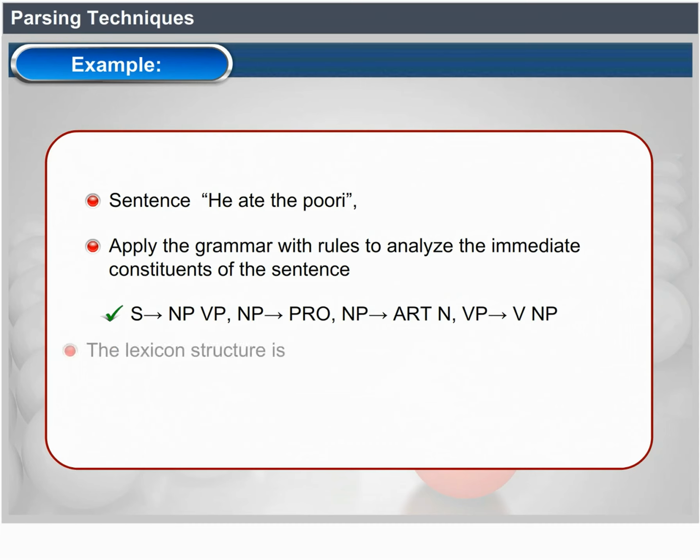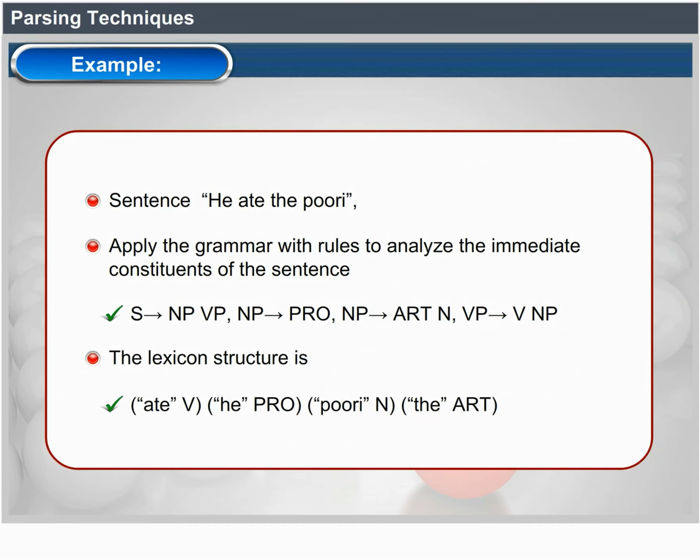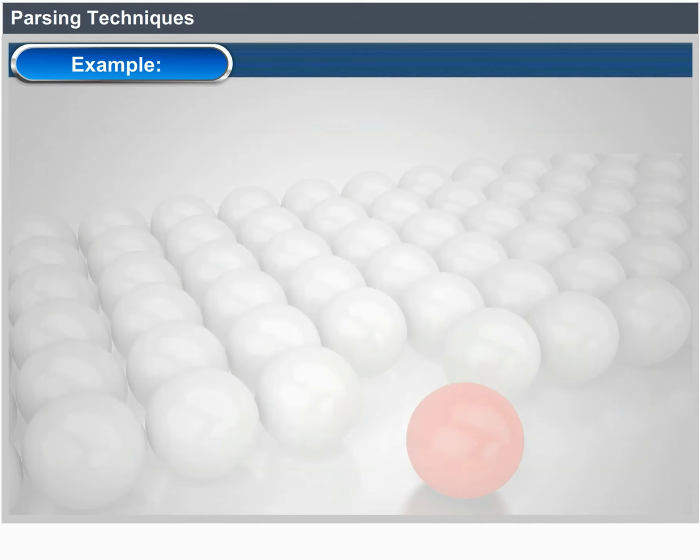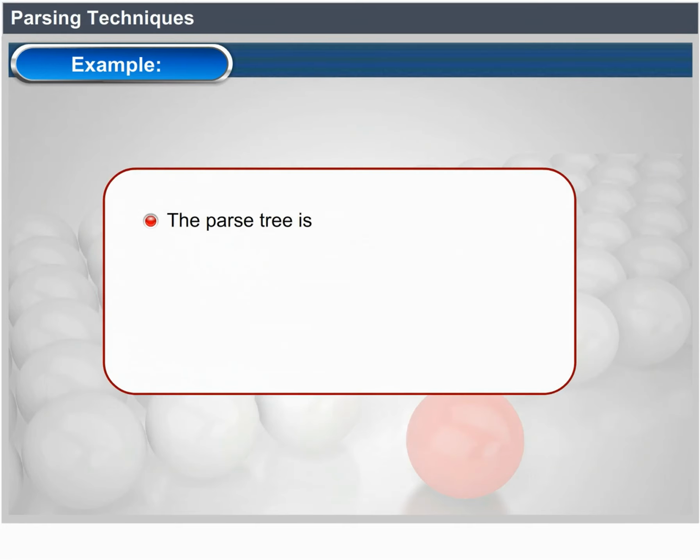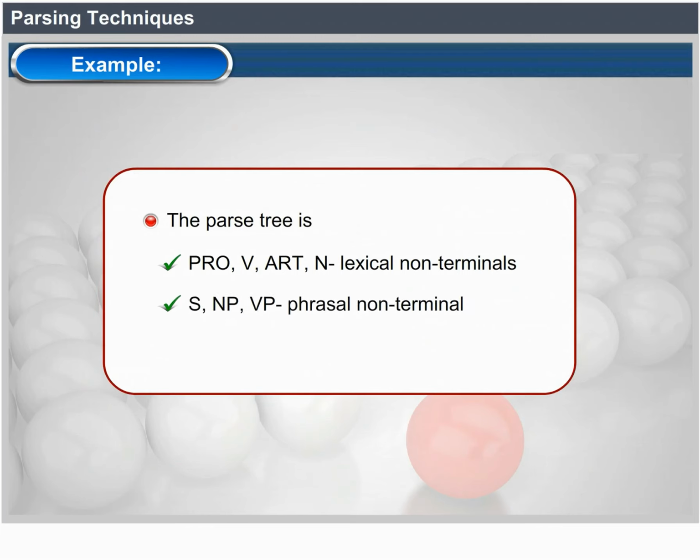The lexicon structure is: ate, V; he, PRO; puri, N; the, ART. The parse tree is: PRO, V, ART, N, lexical non-terminals. S, NP, VP, phrasal non-terminals. He, ate, the, puri, words or terminals.